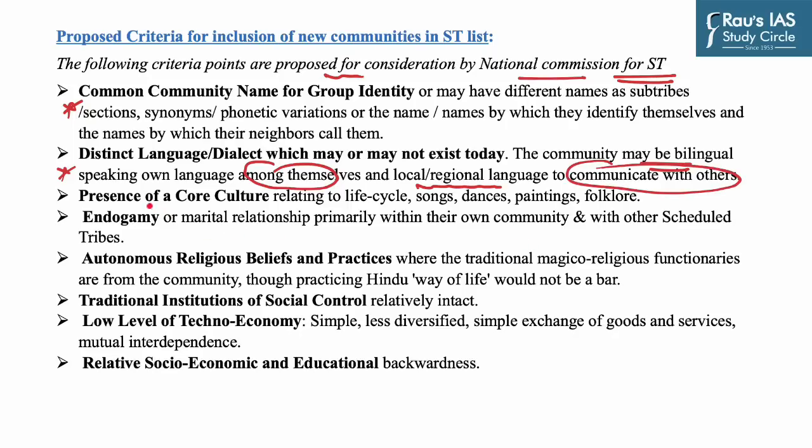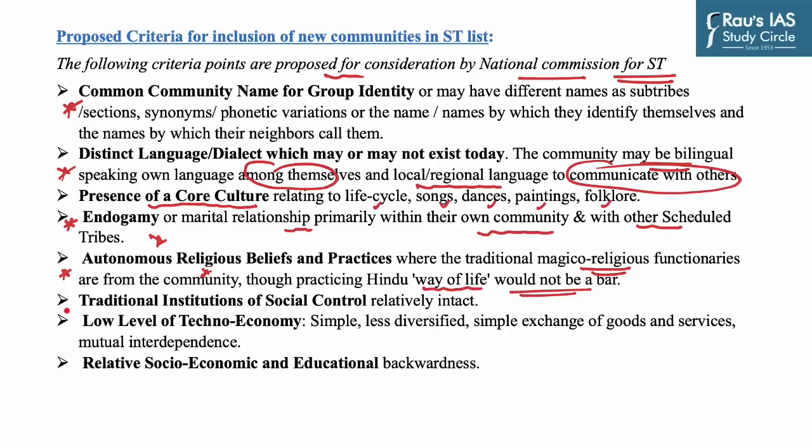Third is presence of core culture relating to life cycle, songs, dances, paintings, folklore. Another criteria that can be adopted is endogamy, or marital relationship primarily within their own community and with other scheduled tribes. Next criteria is autonomous religious beliefs and practices, where the traditional magico-religious functionaries are from the community, though practicing the Hindu way of life would not be a bar.